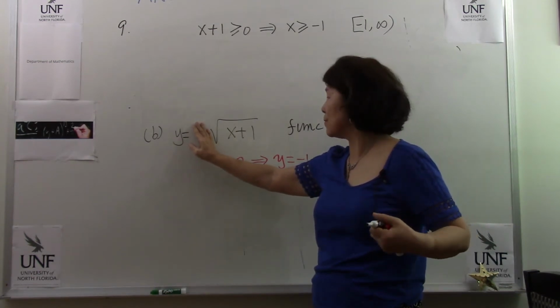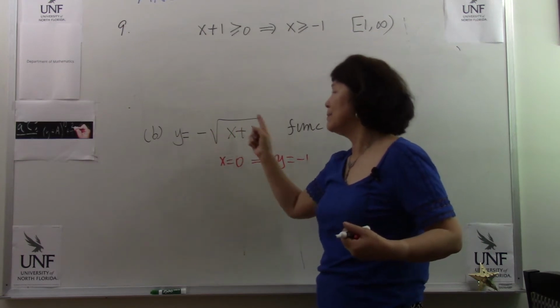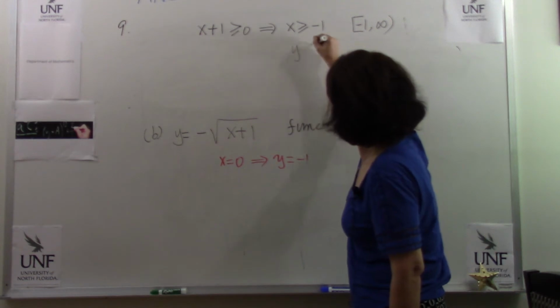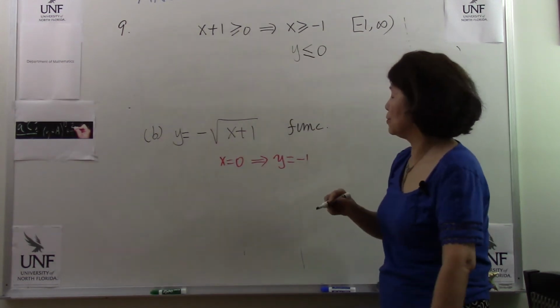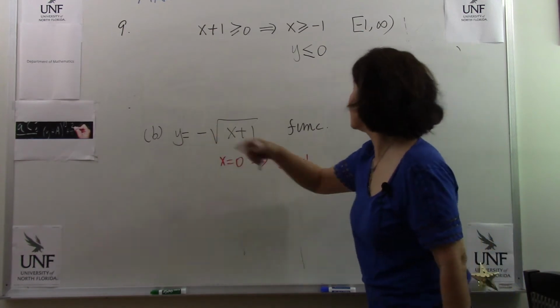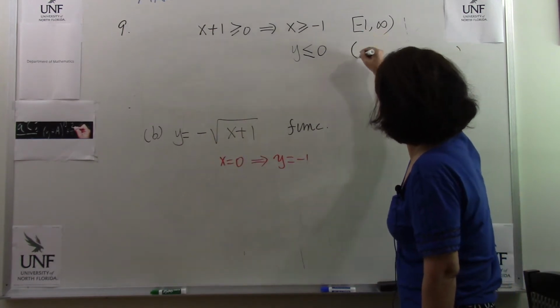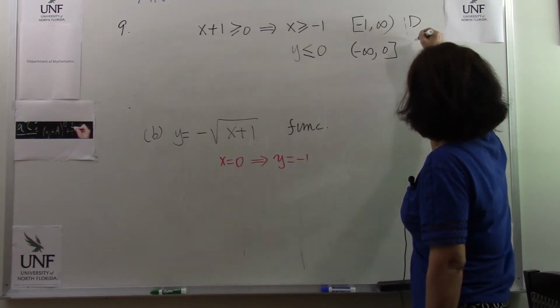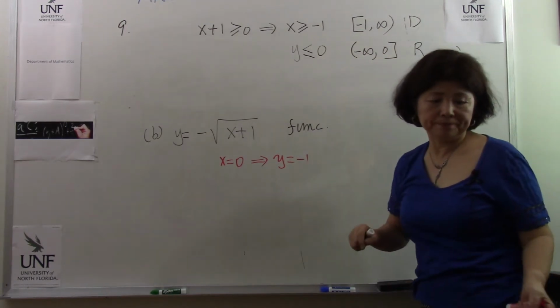Okay, the result is going to be 0 or positive, but that one is a negative of that. So y has to be always less than or equal to 0, because of this negative sign. So which is what? From negative infinity to 0. This is a domain, this is a range.